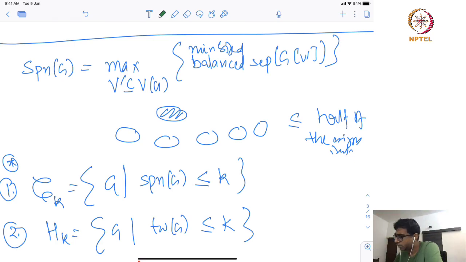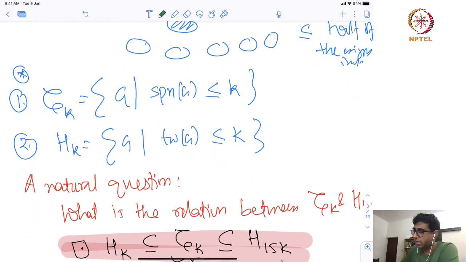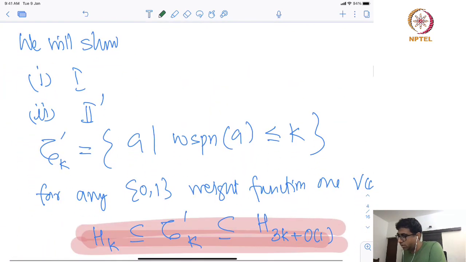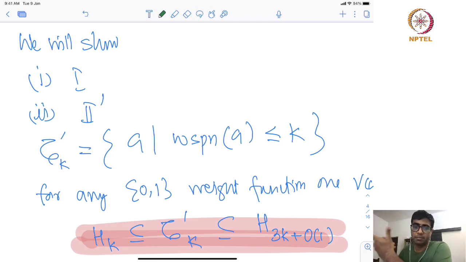We wanted to relate the two parameters, but it will not happen that way; it will happen if we have some notion of weighted balanced separator.